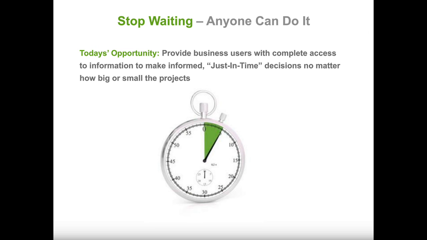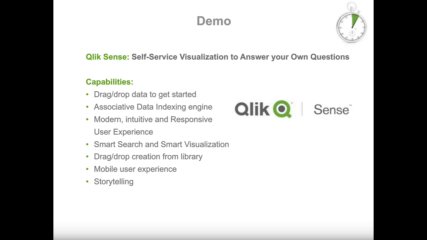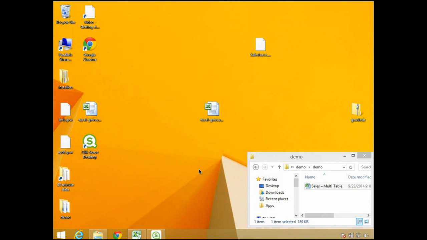So let's take a look at the first demo, where I'm going to show you how Qlik Sense can help you do self-service visualizations and answer your own questions. Okay, so we want to see how Qlik Sense can be so easy that anyone can do it. And we're going to start where a lot of us start, on our desktop. In many cases, we might have a bunch of data, and we want to get insight out of that data.